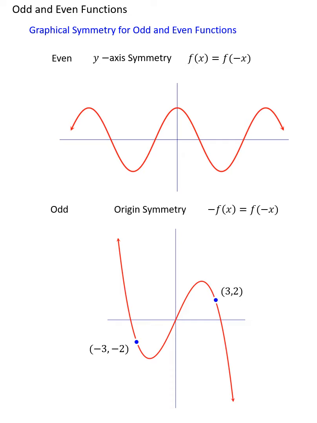Think of it another way. Here we plugged in opposites, -3 and 3, and we got out opposites, -2 and 2. And if this were to happen every time, which it would in this diagram, then the function would be odd. For example, here's a random point on the graph. Try to visualize where its mirror image through the origin would be.